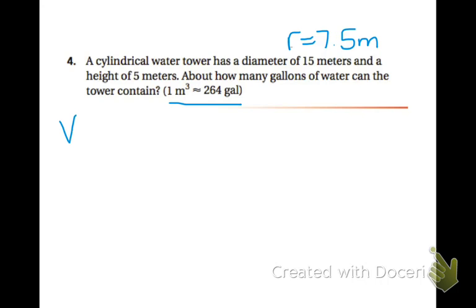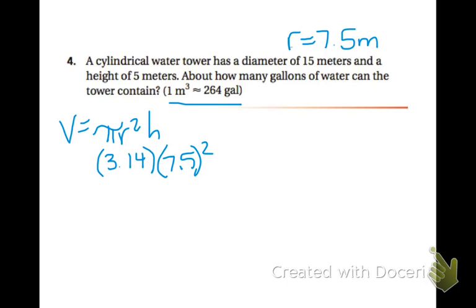So starting with the formula, pi r squared height, 3.14, 7.5 squared times our height of 5 from the information given, we would get our volume equal to 883, and it didn't say anywhere where to round, so I'm just going to leave it now until we do our conversion.